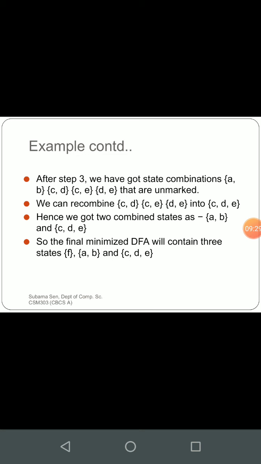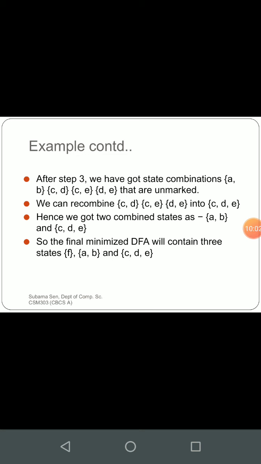Now what we will do, if we combine these three, that is C, D, C, E and D, E, following the transitivity property, it can fall under one category, that is C, D, E. So if we include A, B, C, D, E, and F, this final minimized DFA will contain 3 states, namely F, another is A, B and C, D, E.